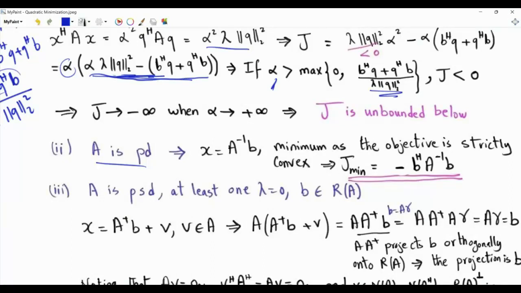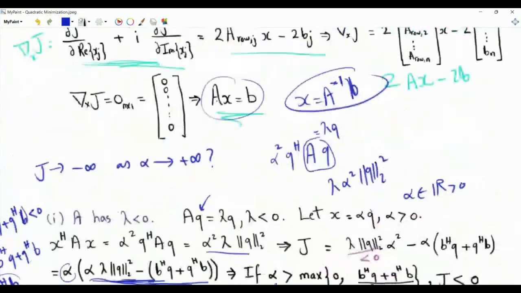So now we need to account for the fact that perhaps some eigenvalues are positive and some eigenvalues are zero. So in this case, A is positive semi-definite with one or more zero eigenvalues. In this case, the determinant of matrix A is equal to 0, and A is not invertible anymore.